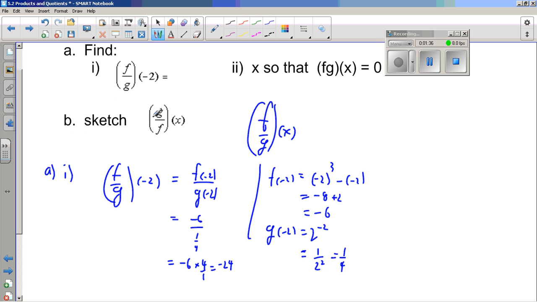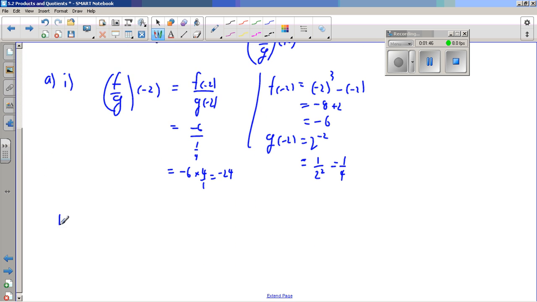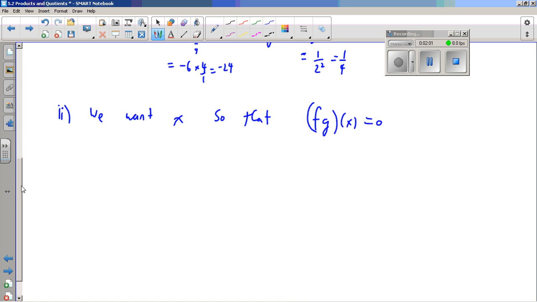What's this one say? It says, find x so that fg at x is equal to 0. So the product function is equal to 0. So we want x so that this is true. Well, this is an equation instead of an expression, so hopefully we can manage this.